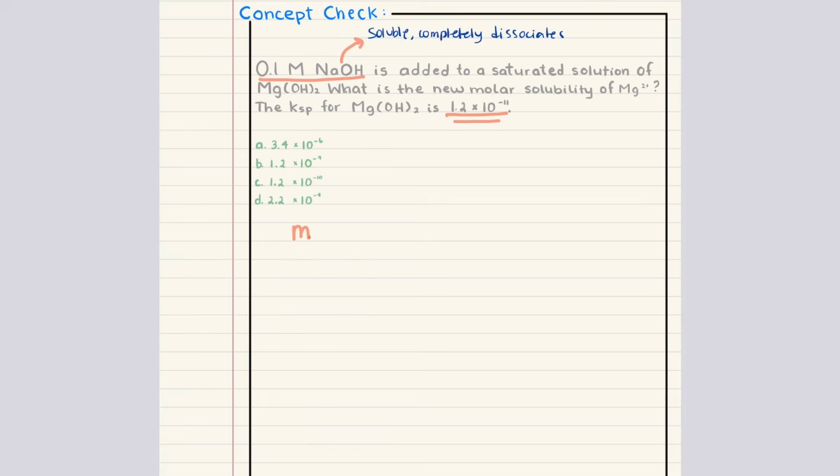I'm going to start by writing the dissolution that sets the equilibrium. Solid magnesium hydroxide is in equilibrium with magnesium 2+ and 2 hydroxide ions in solution. The KSP expression is the concentration of magnesium 2+ times the concentration of hydroxide squared.